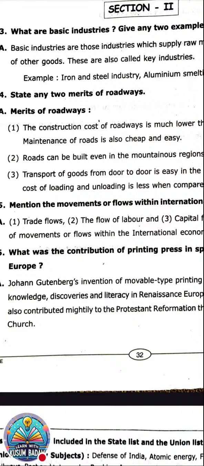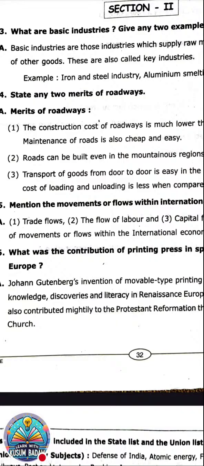So here three flows are there. The first one is trade flow, where business is getting transferred at the international level. The flow of labor is nothing but brain drain, where people shift to other countries to have jobs. Capital flow is the movement of capital within the international economic exchange. So these three flows come under international exchange. Repeating once again: trade flow, flow of labor, capital flow.